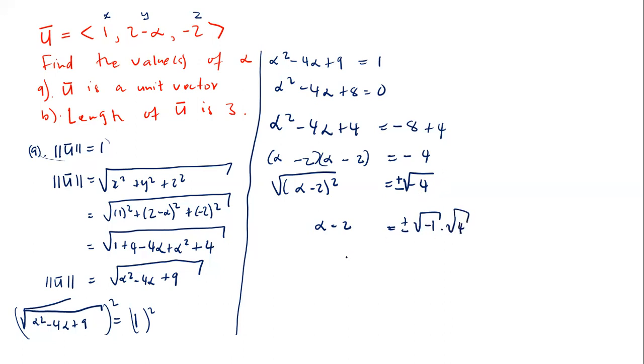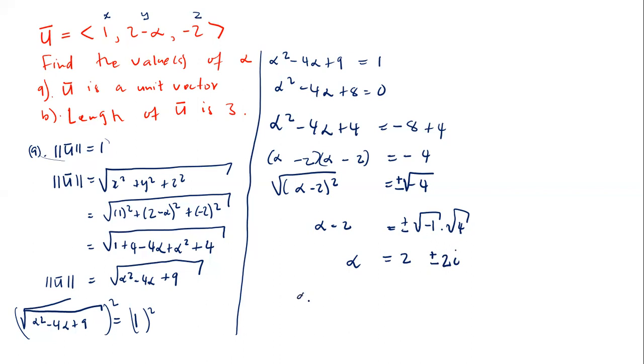And therefore, I'm going to say my alpha is equal to, now this is what is happening, I transpose 2 to the other side of the equation, and then here I'm going to have positive 2, and therefore here plus or minus. Now what is the root of 4? It is most definitely positive 2. What is the root of negative 1? It's i, which is imaginary.